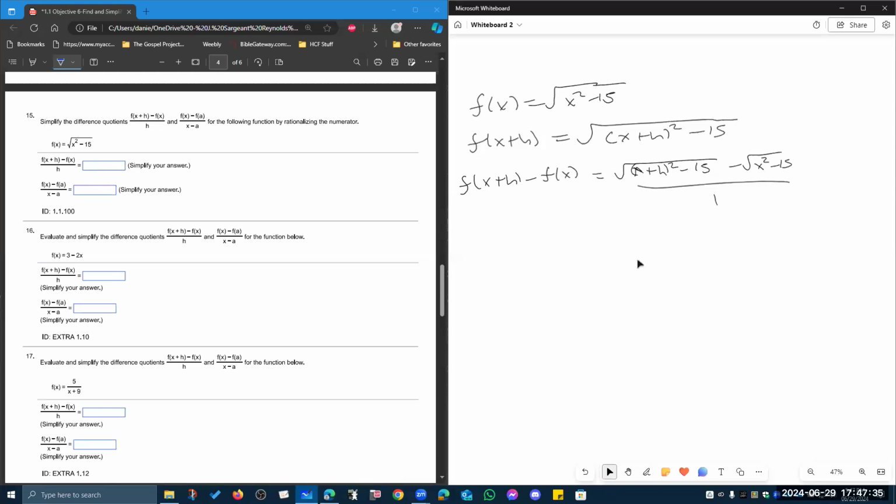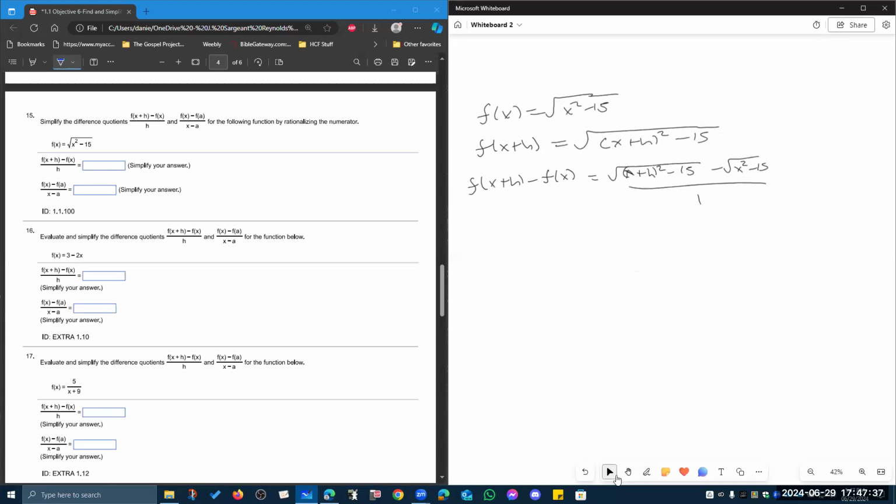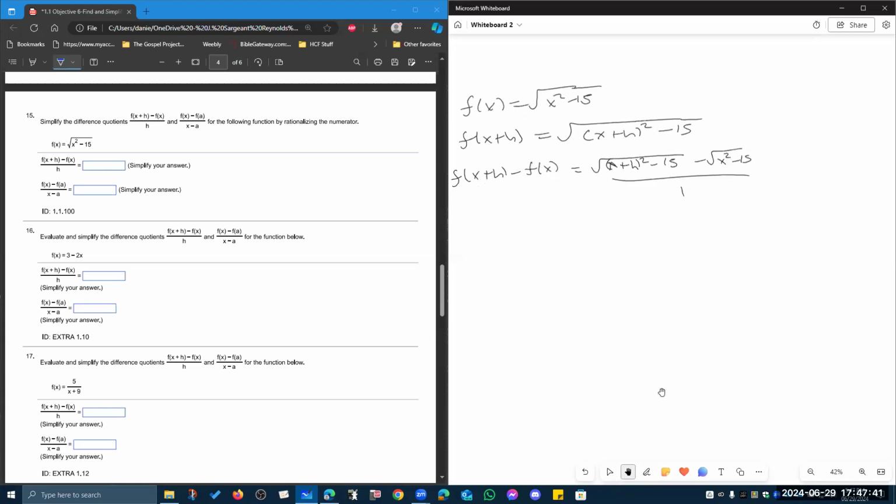Well, I can zoom out a little bit so I can write it. Go ahead and do that. So this is going to be root x plus h squared minus 15 plus root x squared minus 15, over root x plus h squared minus 15 plus root x squared minus 15.